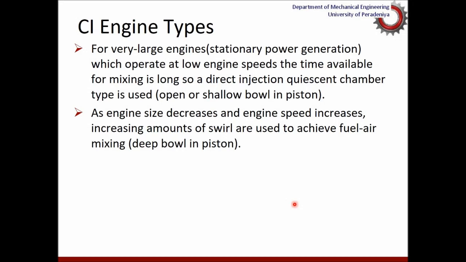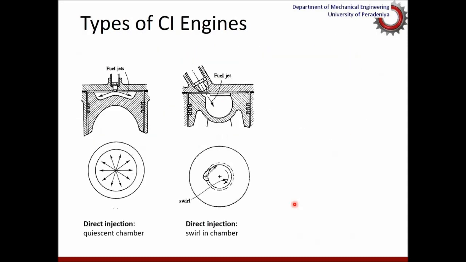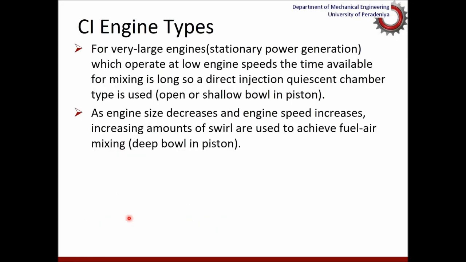Therefore, we usually use direct injection, crescent chamber shape, open shallow bowl in piston type. That is this type. This type is used for large size slow speed engines, because you have plenty of time available for the mixing of fuel with air.